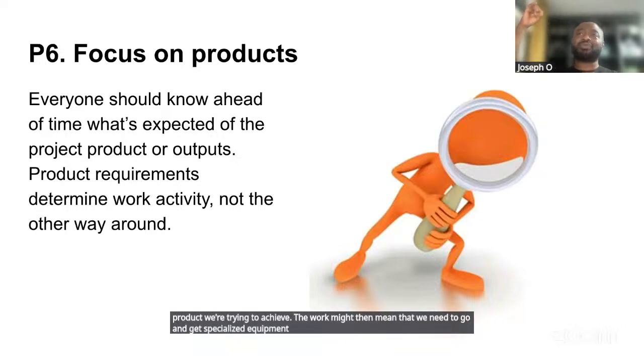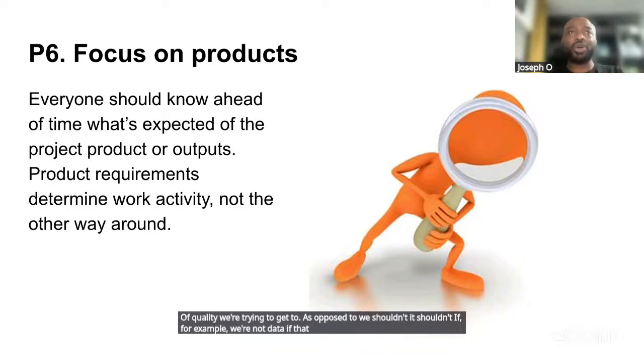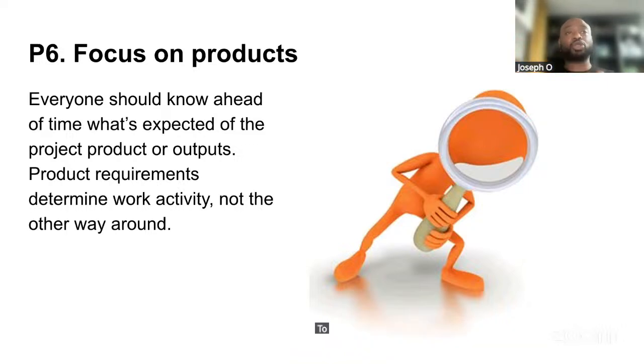We need to get some particular things to get that kind of level of quality. As opposed to, if that output is not what we're going for, then we don't need that specialized equipment. We could get any other equipment to get the outcome that we're trying to achieve.